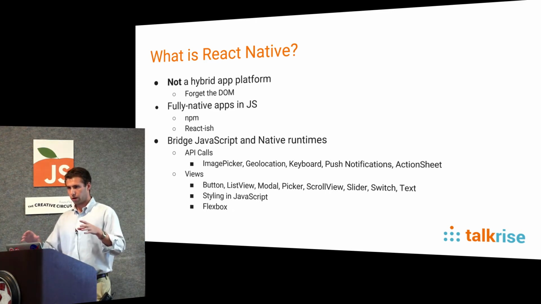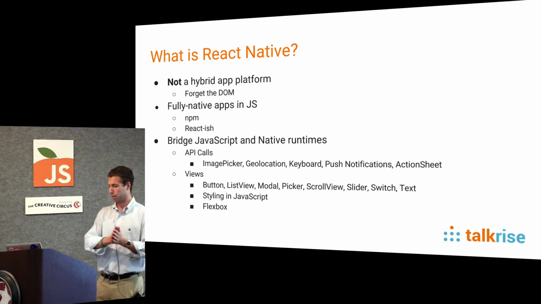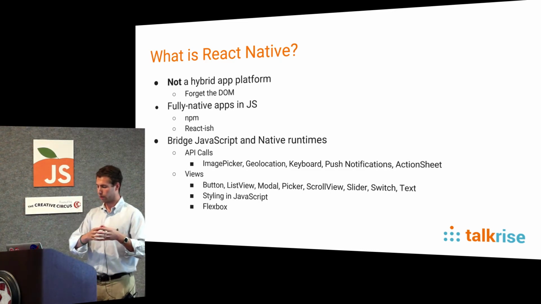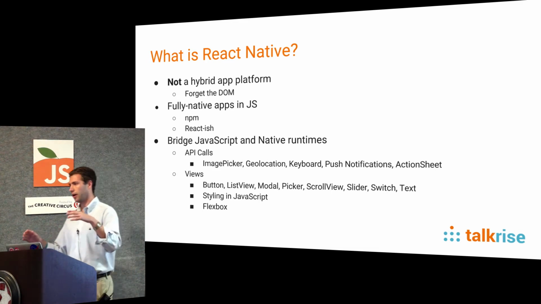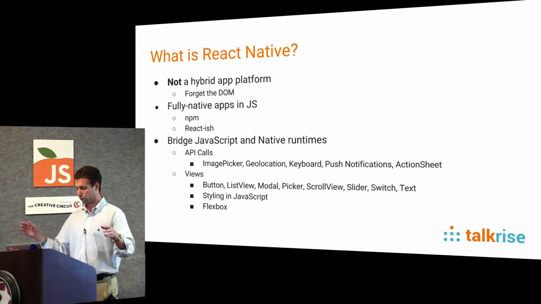So the magic of React Native and the way they're able to get away from the hybrid app platform is to create a bridge between your JavaScript logic and the native runtime environment. And I don't really want to get into the specifics of how they do this. This is supposed to be more of a broad overview.